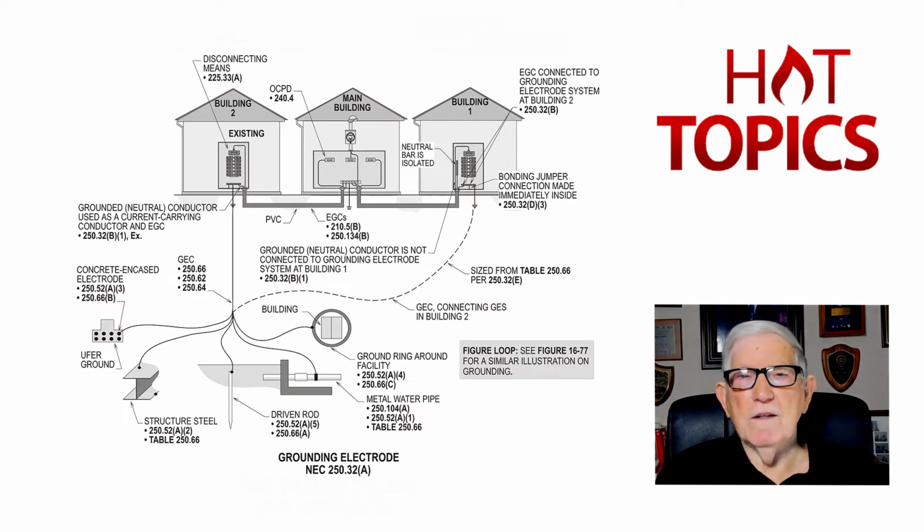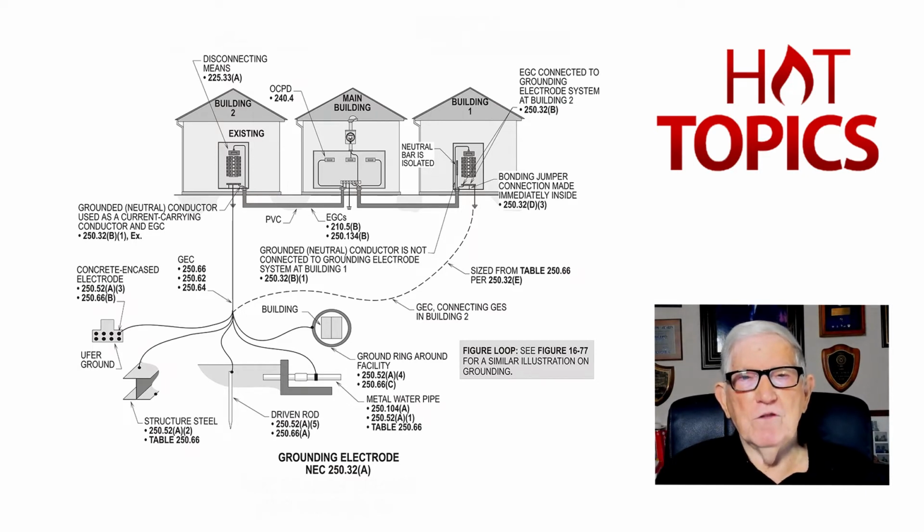Or you could route it from the main building to building 1 and connect it in a sub-panel configuration in accordance with 408.40, and you notice that you'd isolate that neutral.